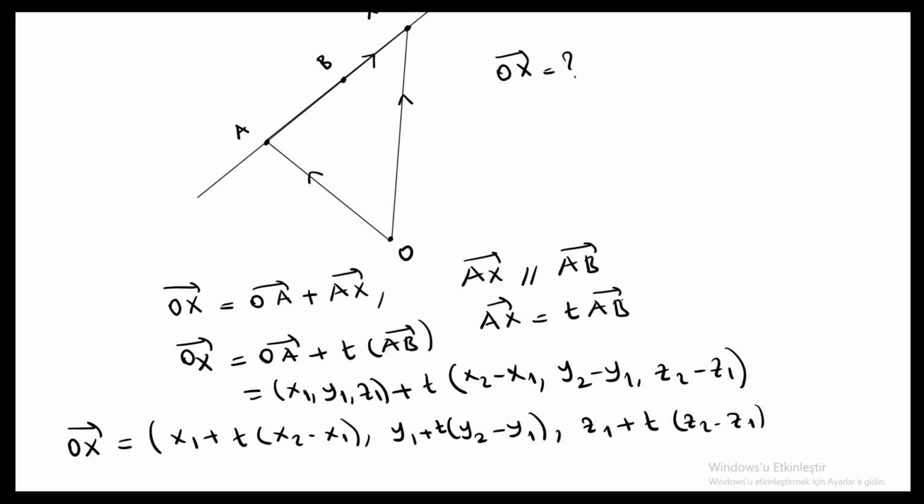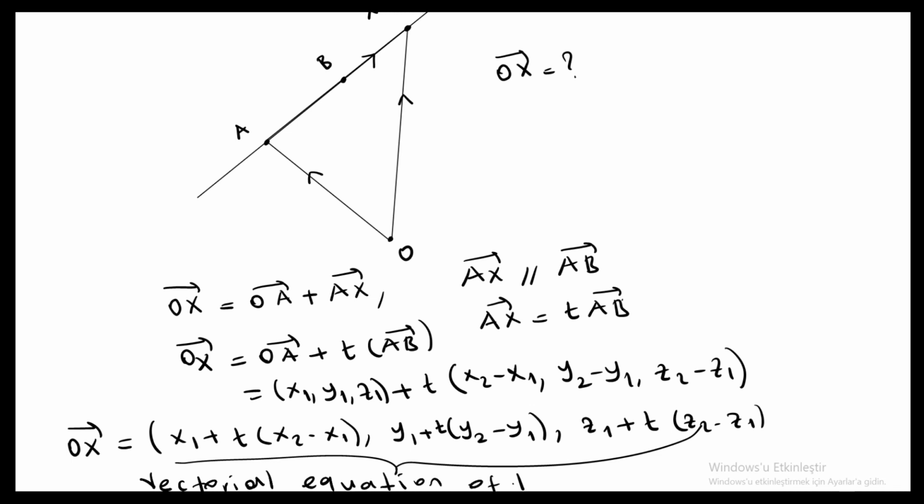Okay, so OX is this. This is again the vectorial equation, the vectorial equation of the line passing through the points A and B.